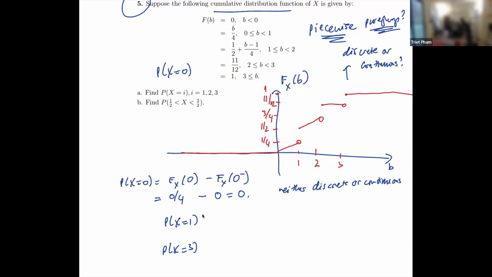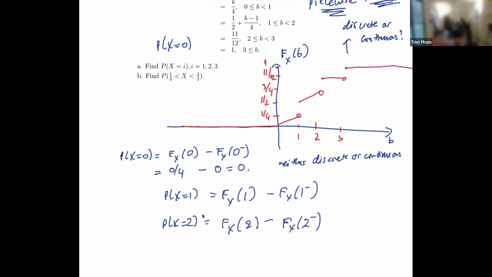So that will be f at 1 minus f of 1 minus, f of 2, f of 2 minus, f of 3, f of 3 minus.